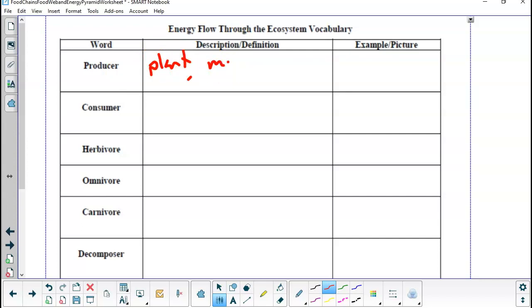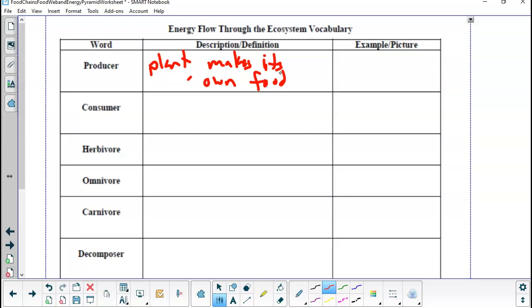Something that makes its own food. And then for example or picture, you could either write the word tree, or you could actually draw a picture of a tree. My pen's not behaving, so I'm not going to be able to do that at the moment. It's probably running out of batteries.